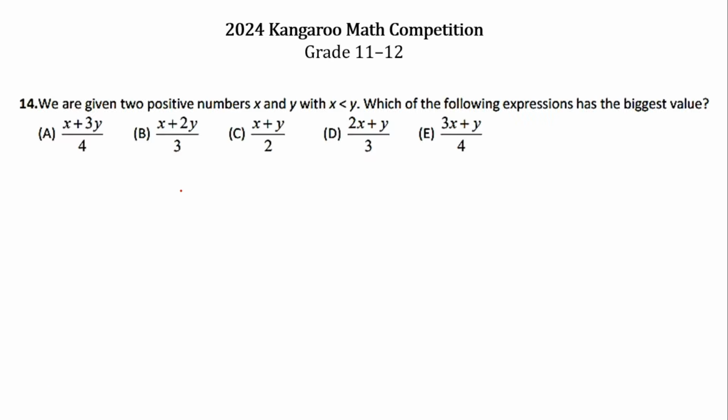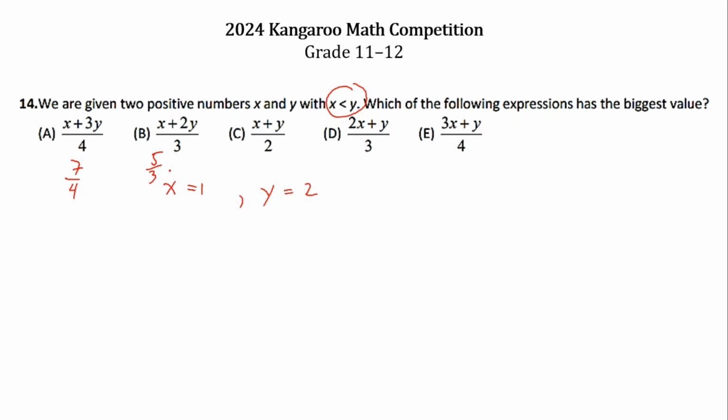Suppose x is equal to 1 and y is equal to 2. Take note, x is less than y. That's why we choose a value for x that's less than the value for y. If we substitute this to the expression in option A, we must have 7 over 4 as the value. For option B, we have 5 over 3.